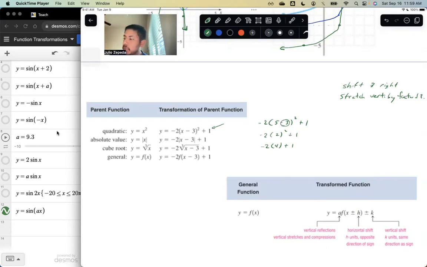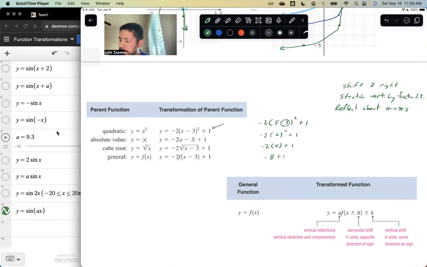The negative will also reflect about the x-axis. Okay, so make sure to read that at the same time. Stretch, reflect, or reflect and stretch, whichever one you want to do first. And then finally, notice what happens to the 4. The 4 gets doubled and made negative.